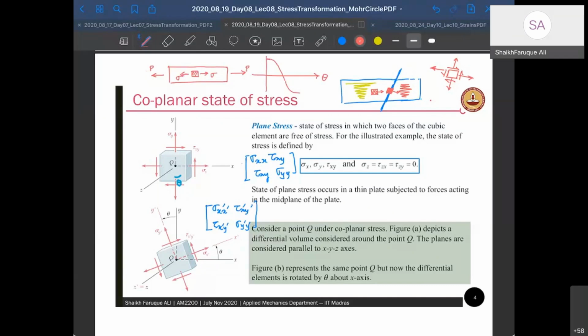Whereas the shear stress changed like that. This was my tau shear stress. So as you can see, the stress actually varies with the angle at any point, and it becomes important to know what the maximum stresses are and at what angles they act.